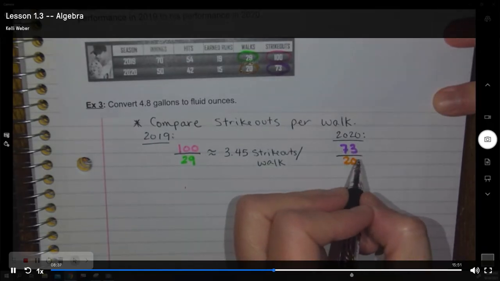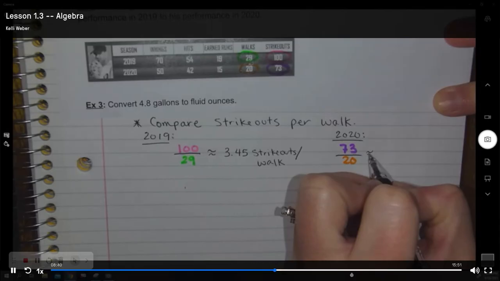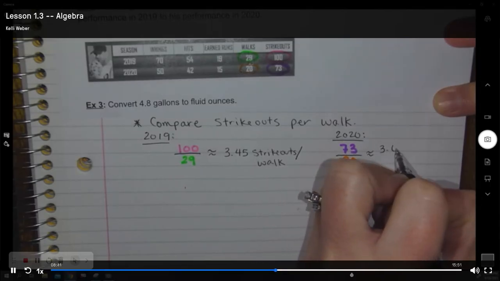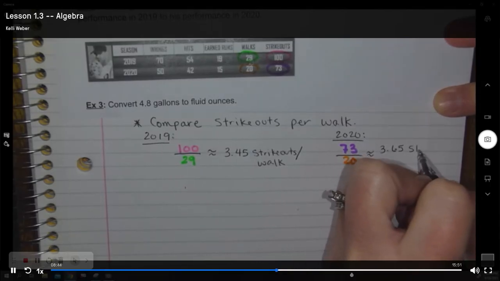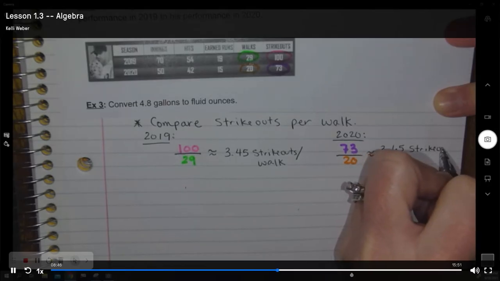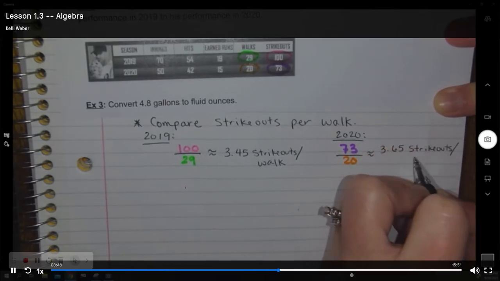And if we do 73 divided by 20, we get approximately 3.65 strikeouts per walk.